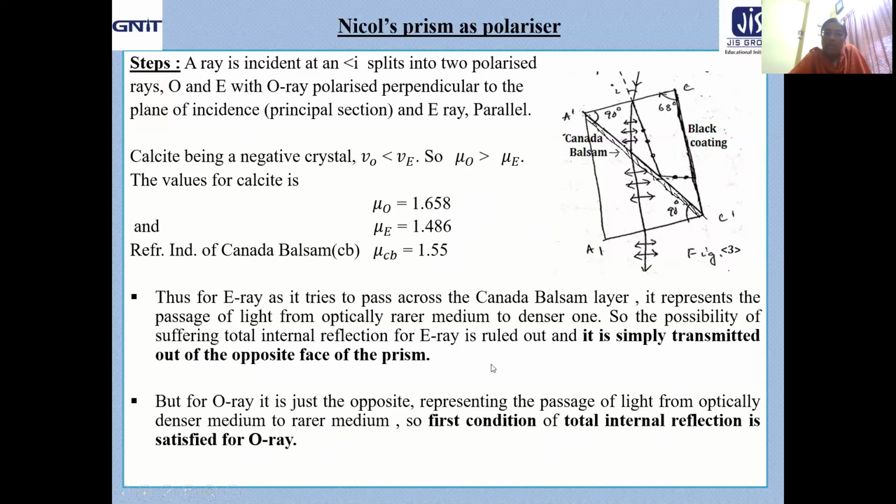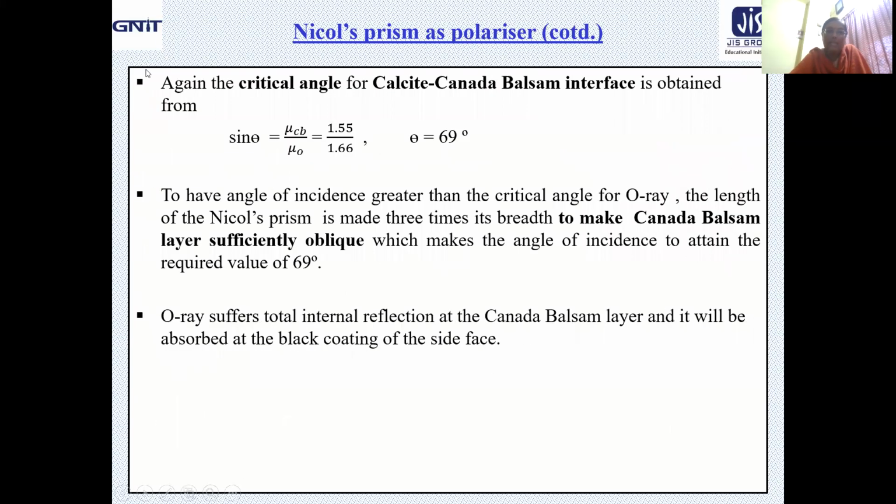Let us now move to the next condition. Again, the critical angle for the calcite Canada balsam interface is obtained from sin theta, if theta is the critical angle, equal to mu CB by mu O. You all know the expression for critical angle is the ratio between the refractive indices, that is final divided by initial. So mu of Canada balsam by mu of calcite for the O ray.